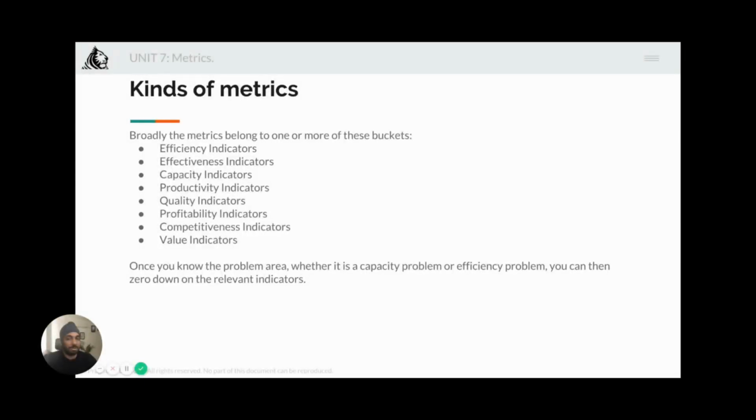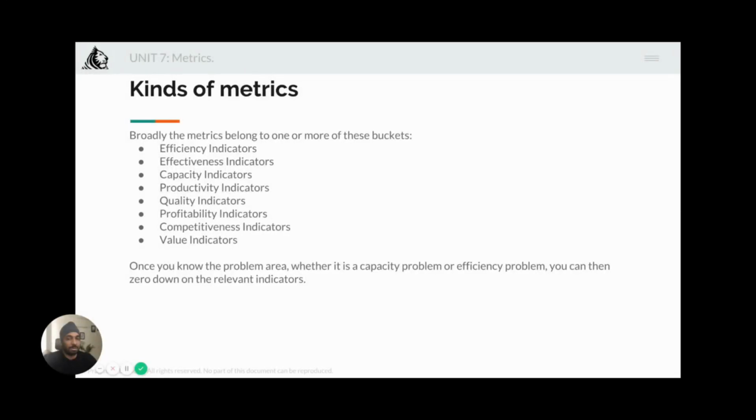So what are the kinds of metrics that you may come across? I'm putting it across here, a little academic. So you might be looking at efficiency indicators. If you remember the product life cycle graph, as you grow and mature and stabilize, you'll typically start focusing more and more on the efficiency indicators, right?